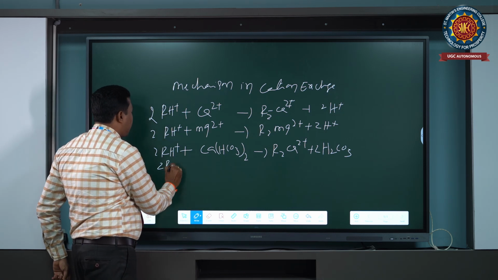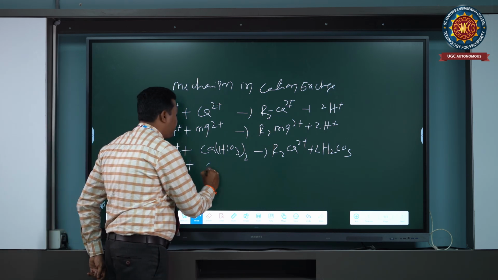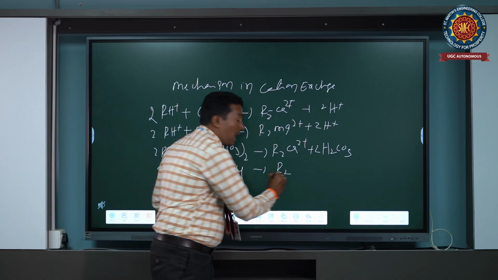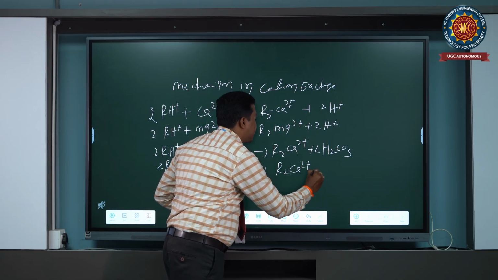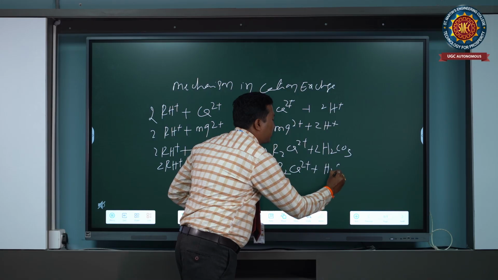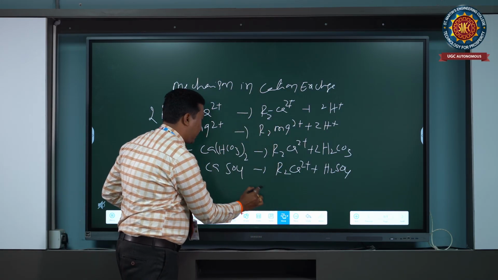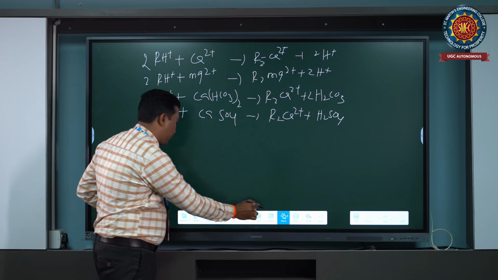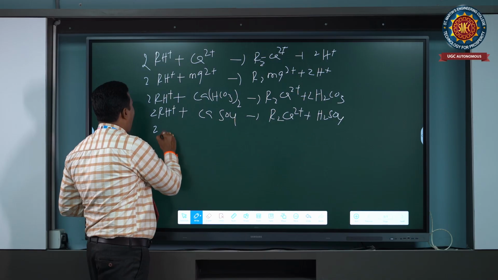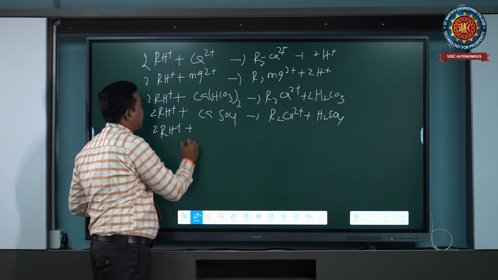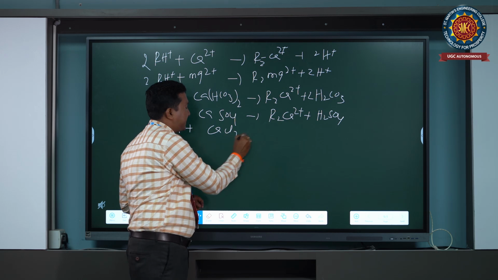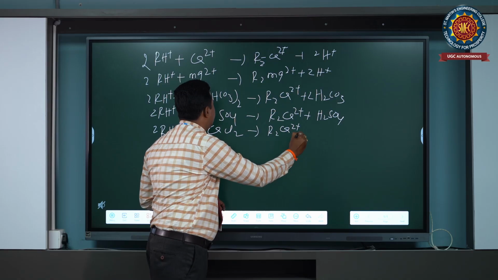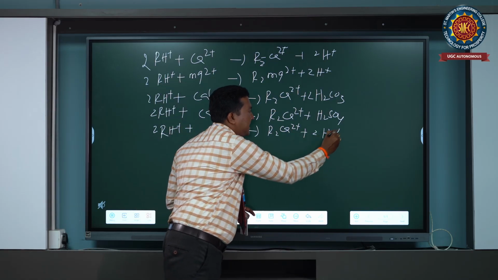Next, 2RH+ reacts with calcium sulfate to form R2Ca2+ and gives rise to H2SO4. Next, 2RH+ reacts with calcium chloride to form R2Ca2+ and 2HCl.